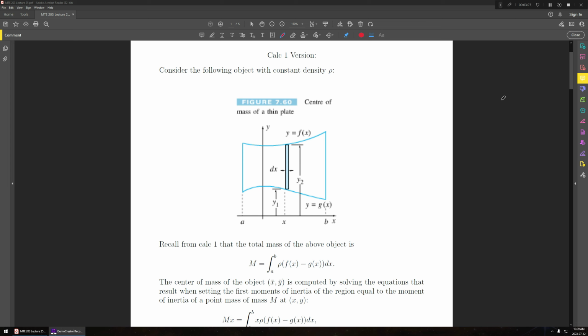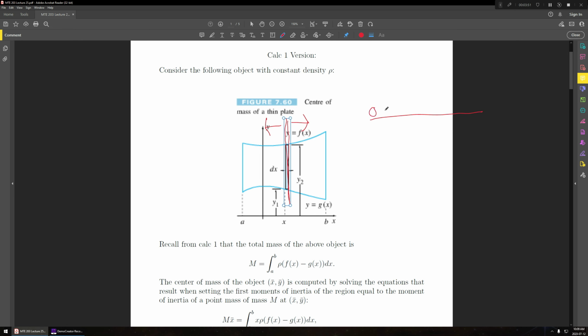Okay, now that I have the mass of the plate, in order to compute the center of mass, if I just do this in the x direction, I want to find the line right here, or wherever it is, such that the mass on this half of the line is the same as the mass on this half of the line. The classic analogy used here is a little teeter-totter.